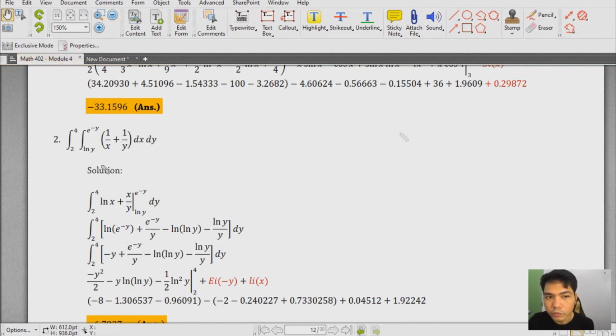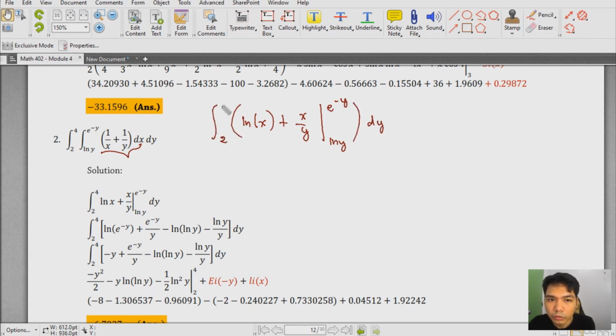So for number 2, the integration natin would be from the inside. So constant, i-held natin na constant yung ating y. So from this, the integral would be, so that's x raised to negative 1, so that becomes ln of x. Okay, and then plus x over y. So we evaluate this from ln of y to e raised to negative y, and then dy integral from 2 to 4.